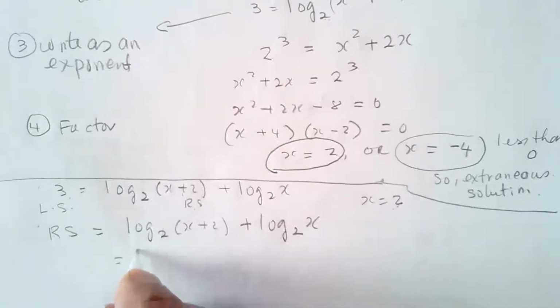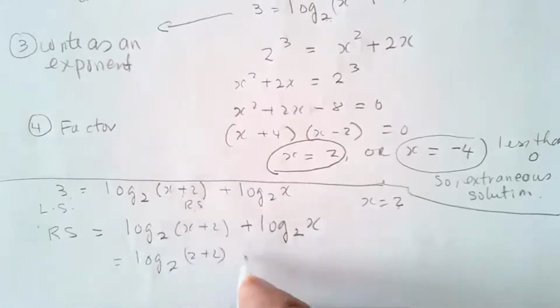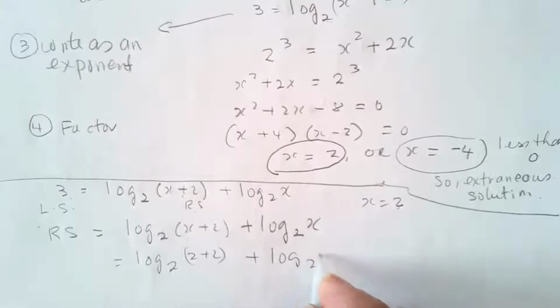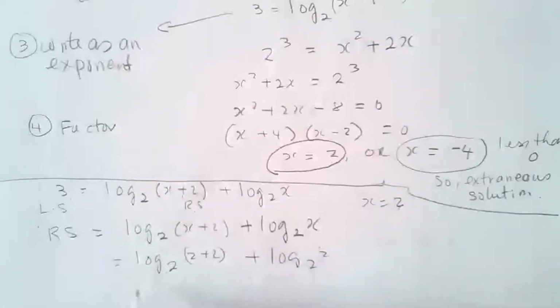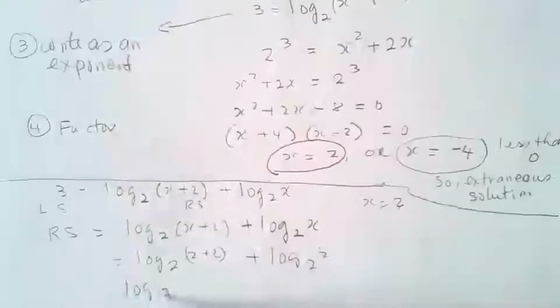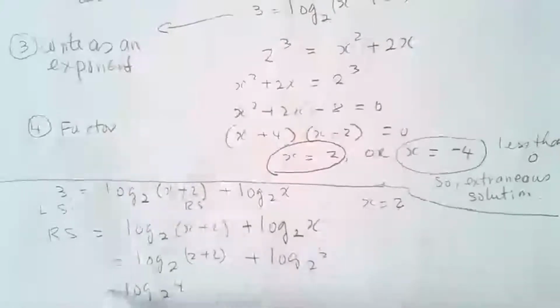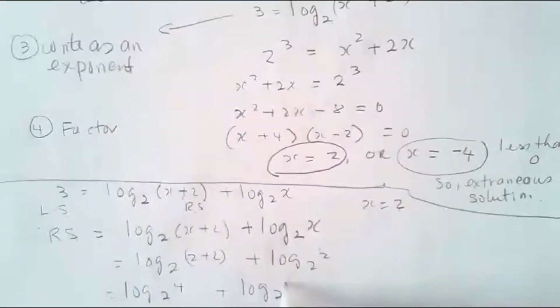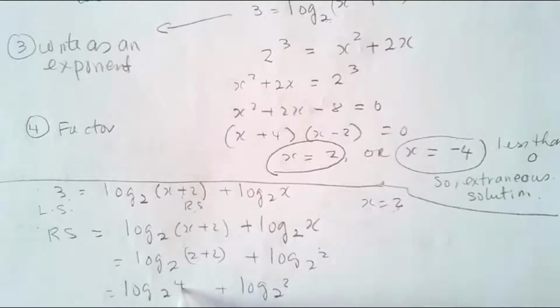So we have log 2 of 2 plus 2 plus log 2 of 2. So we'll have log 2 to the power 4 plus. Now go back.